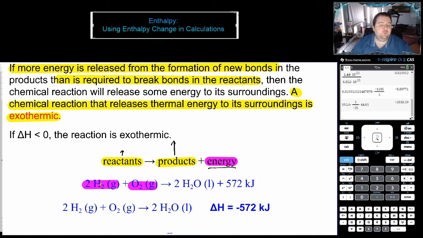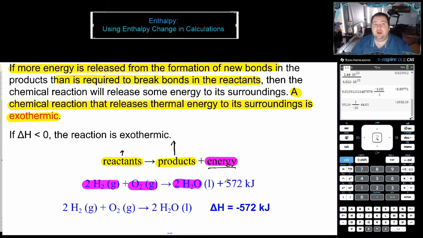So then you're going to have 4 single H's and 2 single oxygens that are going to get reformed, reshuffled into the product H2O, and there will be 2 moles of that, okay? Well, when that happens, more energy is released from the forming of these new bonds than is actually required to break these bonds.